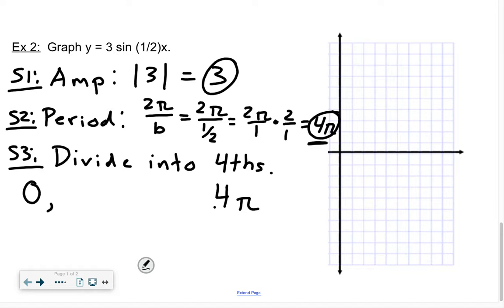So there's our beginning and ending, so to speak, of what I want for the graph. And then we ask the question, if we want to divide it into four, well, what's halfway between 0 and 4? Well, it's 2 pi. Halfway between 0 and 2 is 1, therefore 1 pi. Halfway between 2 and 4 is 3, therefore 3 pi.